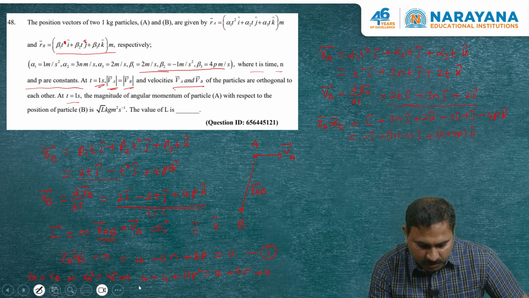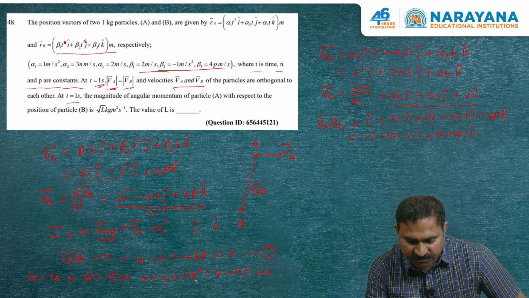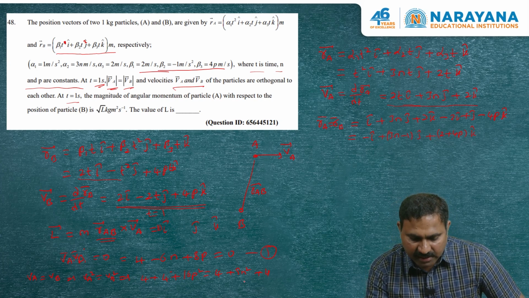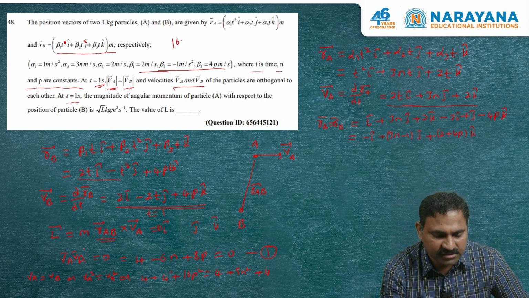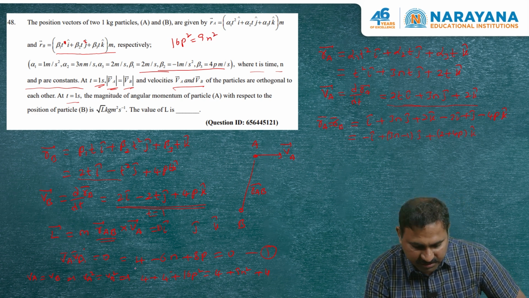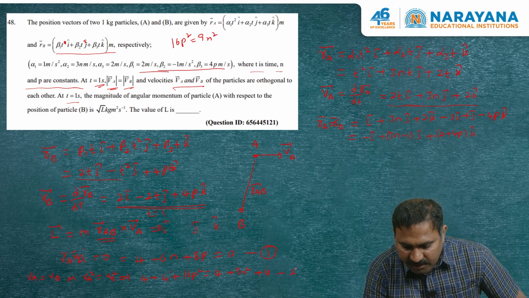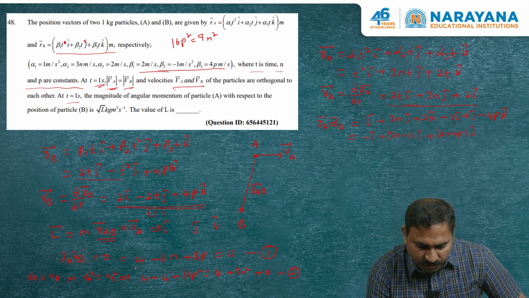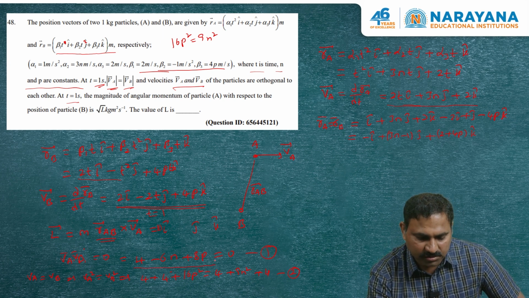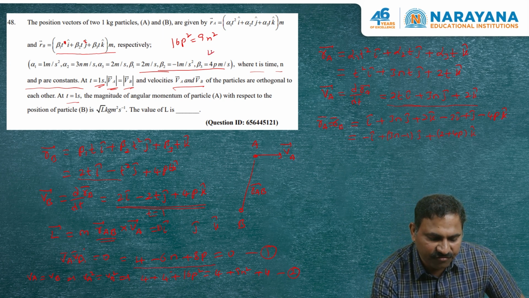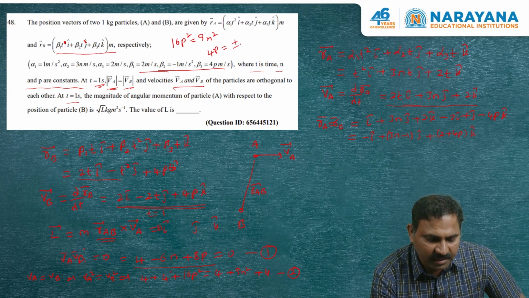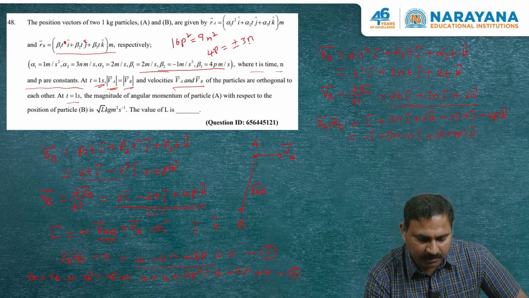So, 4 plus 4 terms are getting cancelled, we are left with 16p square equal to 9n square. This is one equation, let it be equation 2. 4 minus 6n plus 8p equal to 0. From this it is clear 4p can be plus or minus 3n.